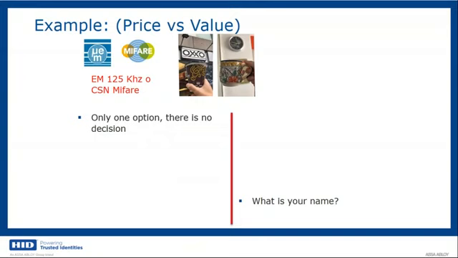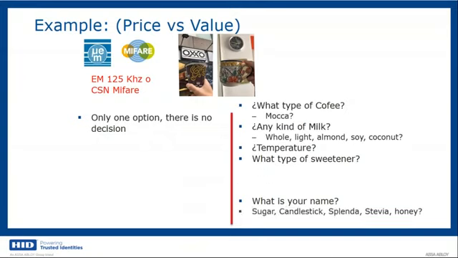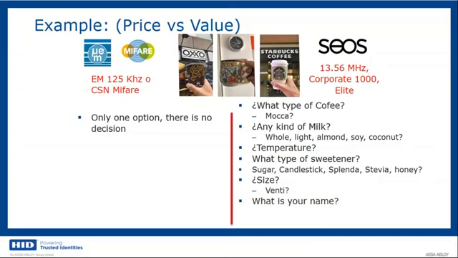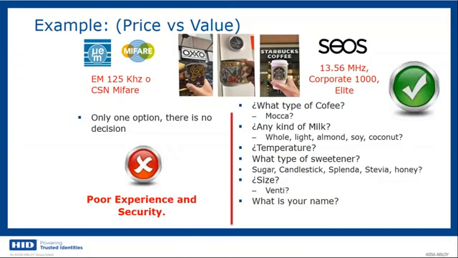It's a really Mexican example. You will have no options, or the person offering you coffee will not have any option to offer. They will only have one type of coffee, and that's all that you can get. Okay, so here you will have a poor experience.